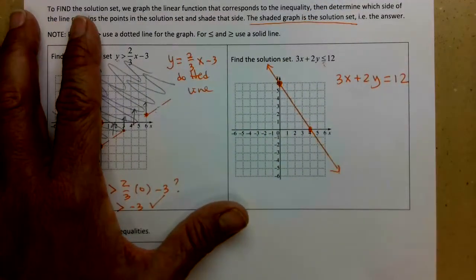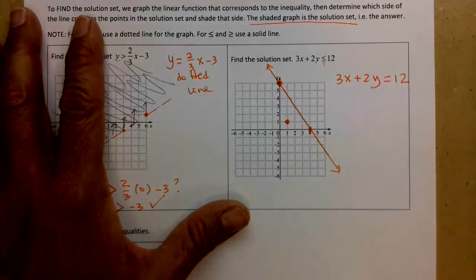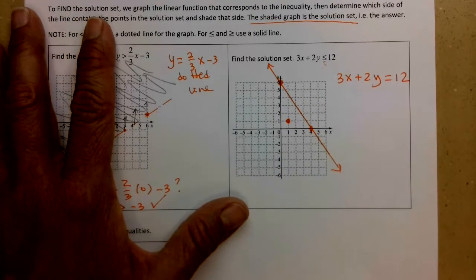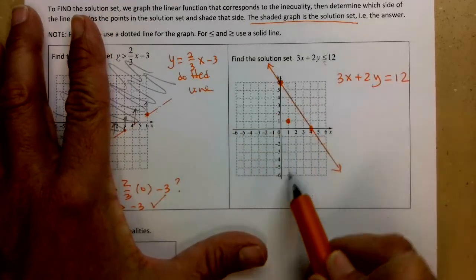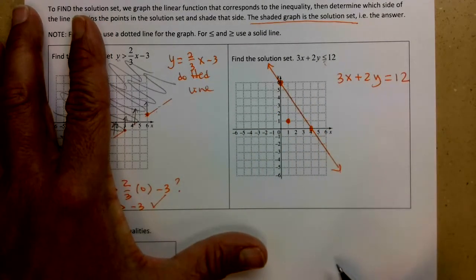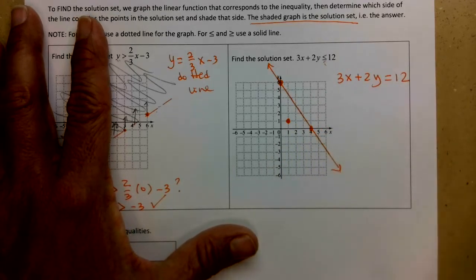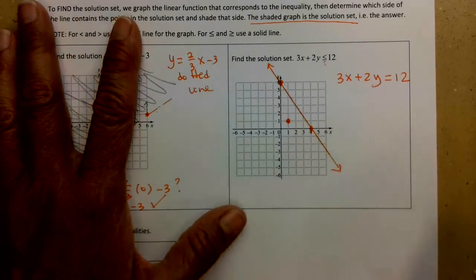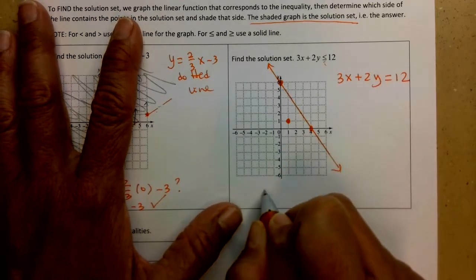I'll do the check with the point, right? So for sure, the point 1, 1 is below that line. So if 1, 1 makes my inequality true, then all of the points on that side make it true. If 1, 1 doesn't, then probably I'm on the other side. I'll still take a point to check and make sure, but that's how it's usually going to work. So we're going to check the point 1, 1.